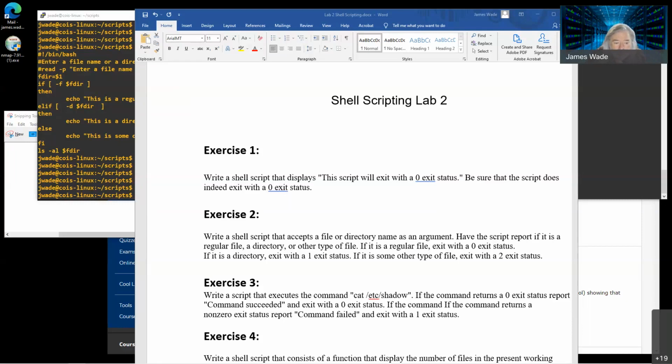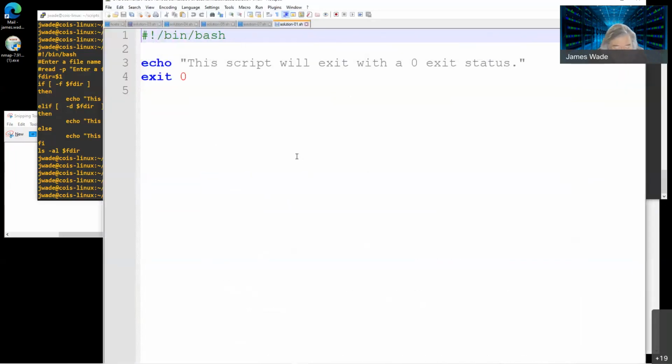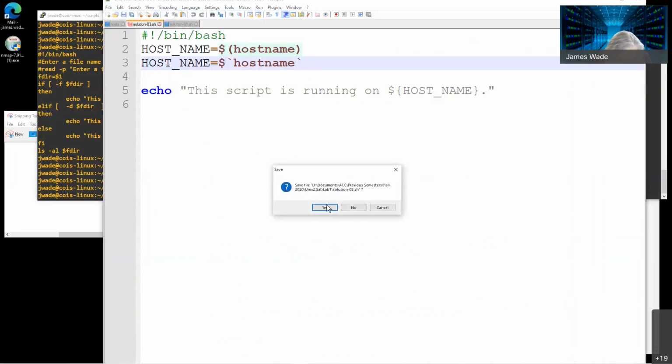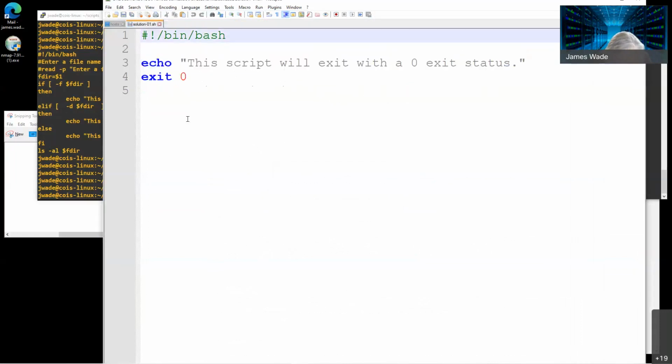How many of y'all have Notepad++? I love Notepad++. So here we go. Pretty simple, right? I mean, all we're doing here, once again, is we put the bin bash up here to say, hey, everything below here is bin bash. And here we're just echoing something and giving it an exit 0.